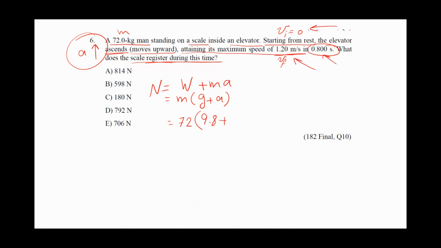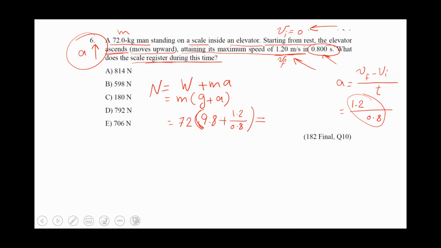So acceleration is V final minus V initial over time. V final is 1.2, V initial is 0, and time is 0.8. So it's 1.2 divided by 0.8. If you have a calculator, guys, try to do it. The result is 814 Newton.